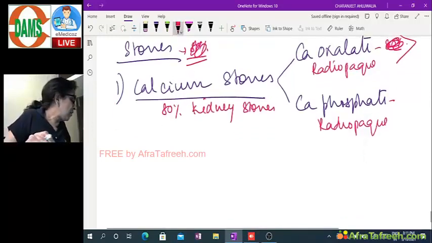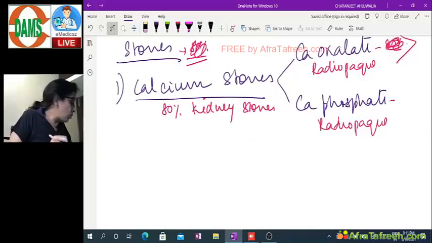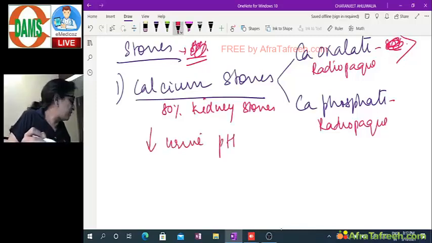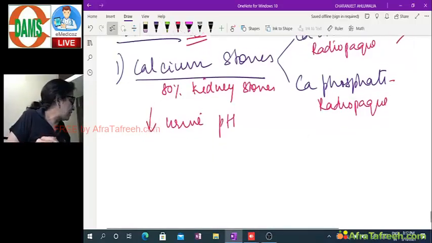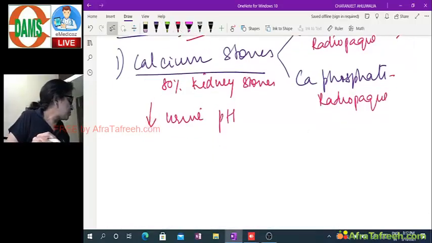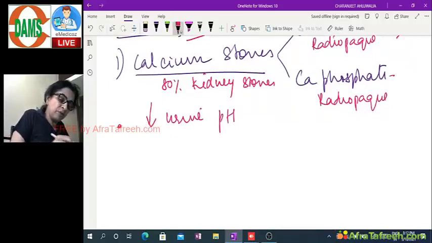Okay, now these stones are associated with decreased urine pH. These stones are formed in decreased urine pH. Another associated factor is hypocitraturia.